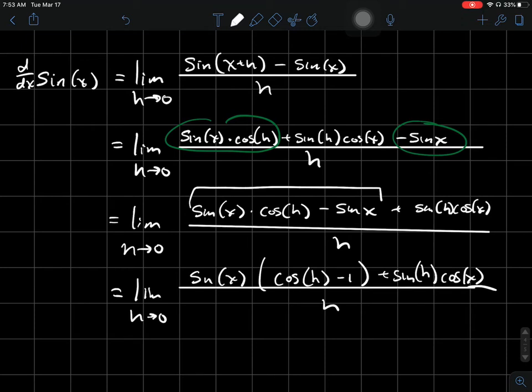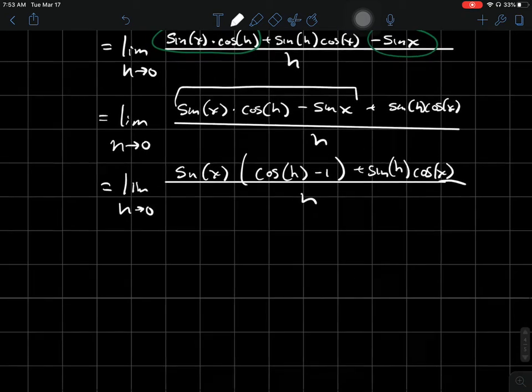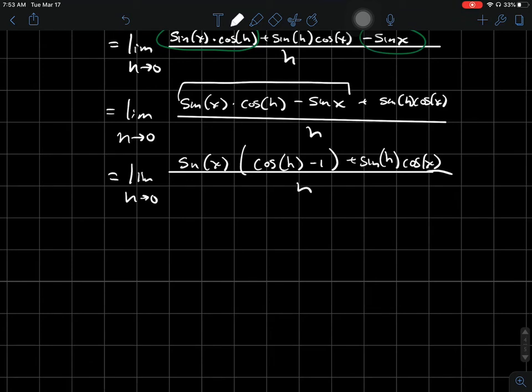Let's see, from here, I can rewrite this fraction as multiple fractions. I think you'll see why I'd want to do that here in a moment. It's going to have the limit as h approaches 0 of sine of x times cosine of h minus 1 over h.